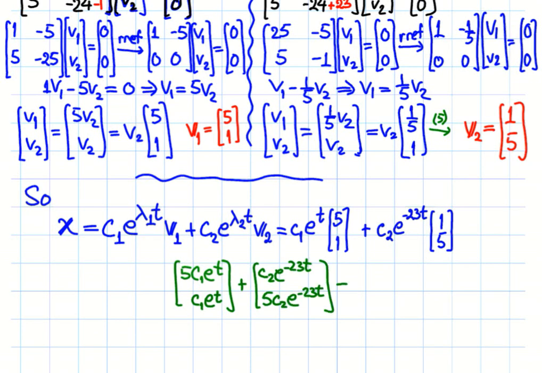And when we add these vectors, we should have 5 C1 e to the t plus C2 e to negative 23t, and C1 e to the t plus 5 C2 e to negative 23t.